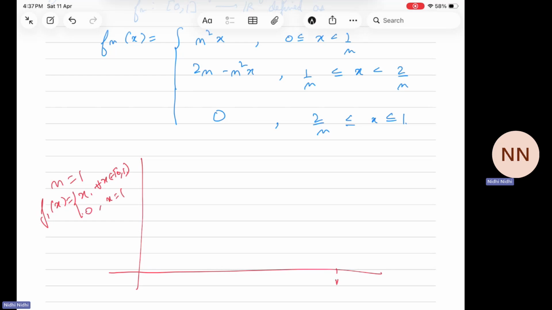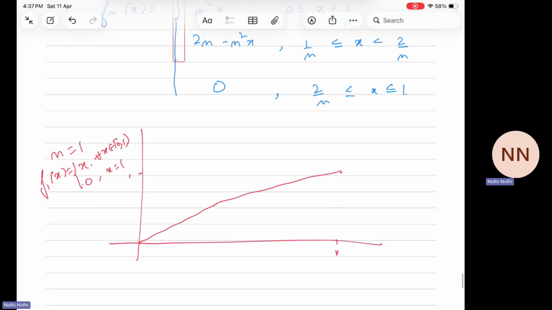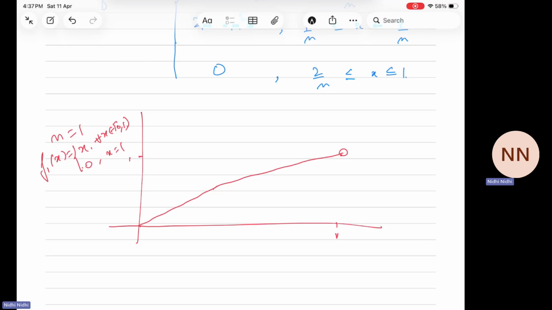So if this is 1, something like this, open and close. So this will be our f1.